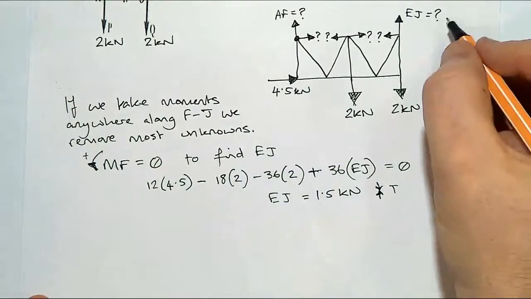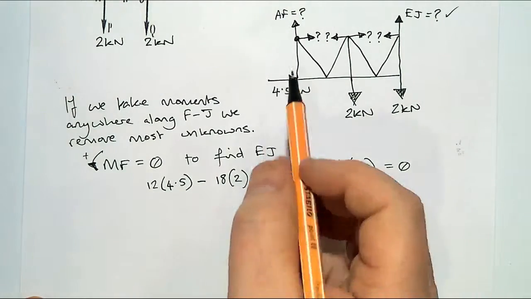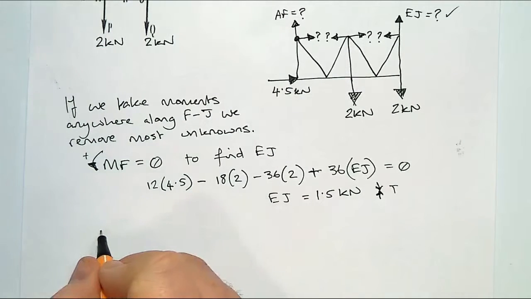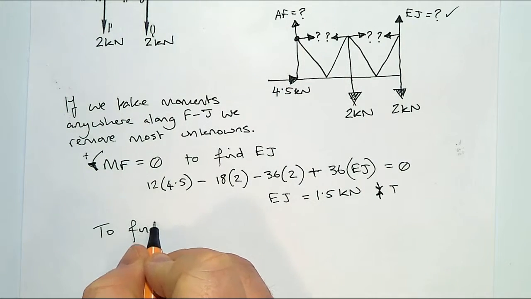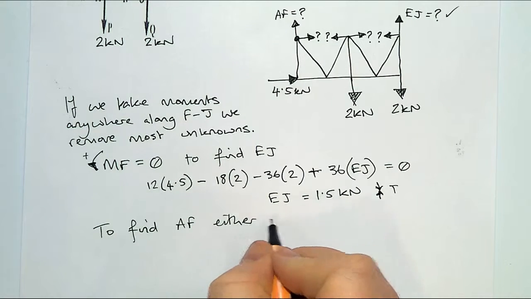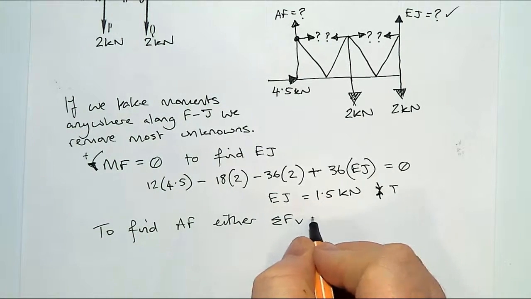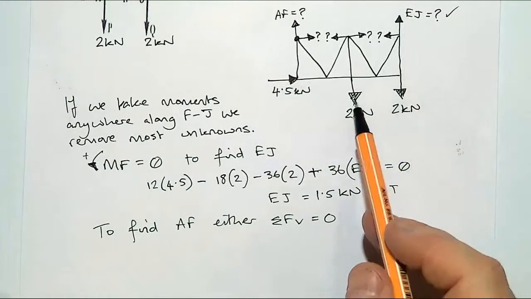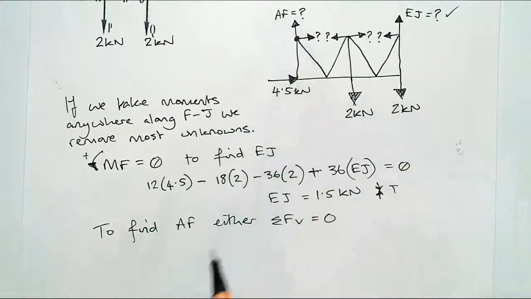Once we know what AJ is, to find AF, you could either sum forces vertically. Because you know AJ and you know what 2 is, you can work out what AF is.